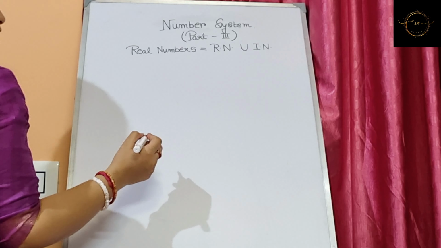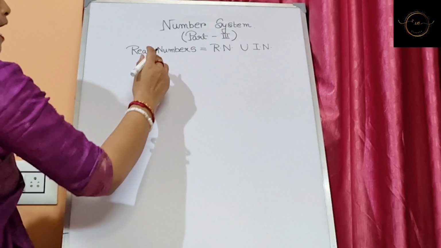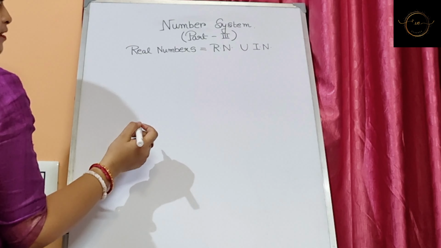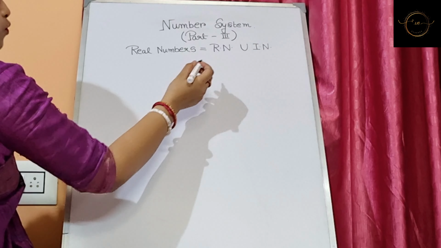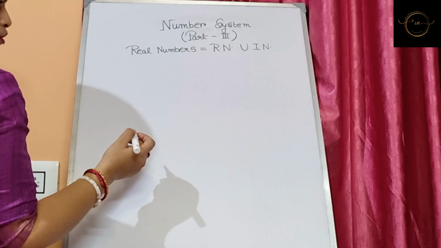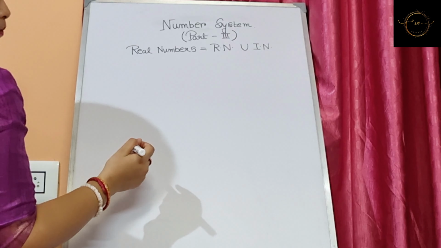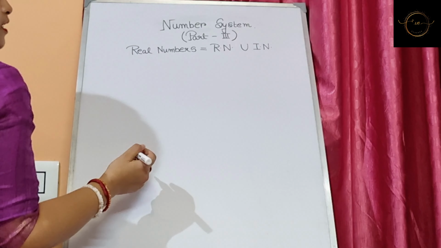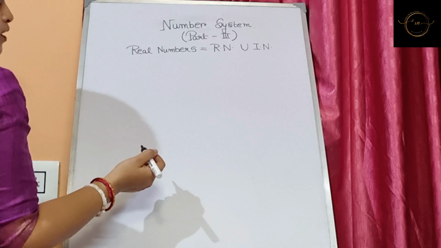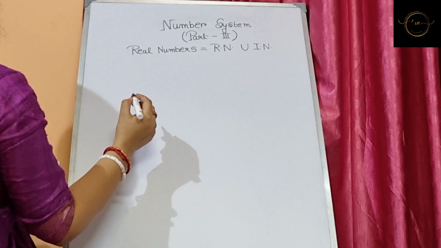We have already discussed the definitions of rational and irrational numbers, and we concluded that the real number set is the union of rational and irrational numbers, that is, the composition of these two equals the real number set. I'll try to explain how we can reach this conclusion.